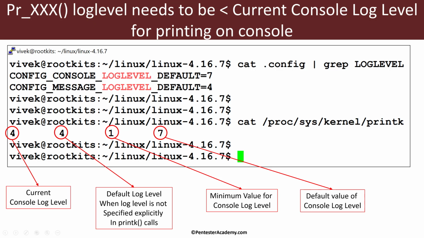The second one is the default log level when no log level is specified, which is really the message log level, which defaults to 4. The third number is the minimum value of the console log level, which it can take, followed by the default value of the console log level. Again, this is basically this value in here.